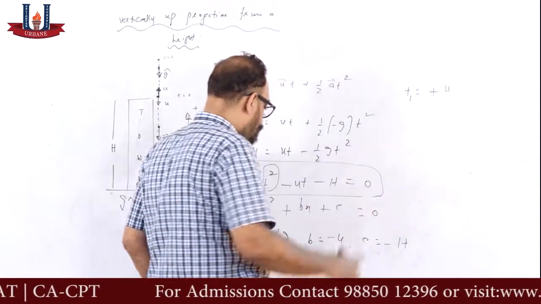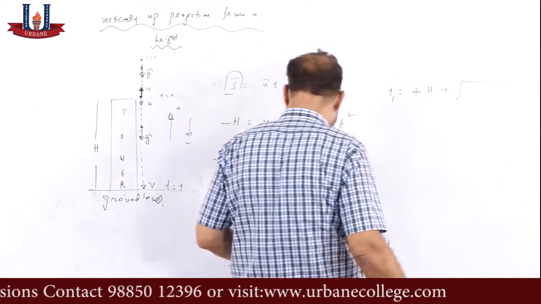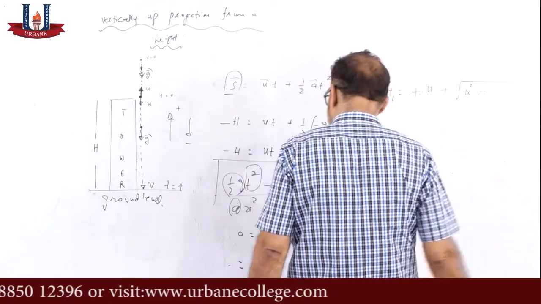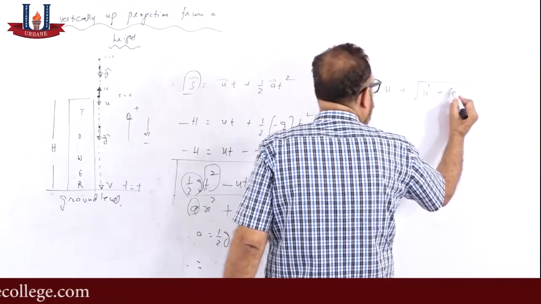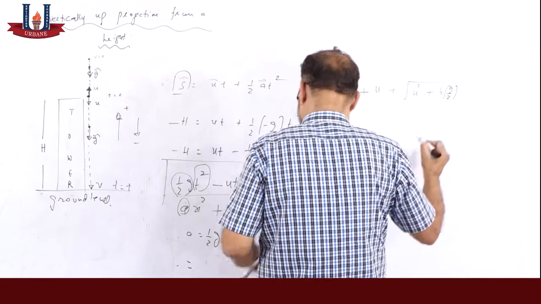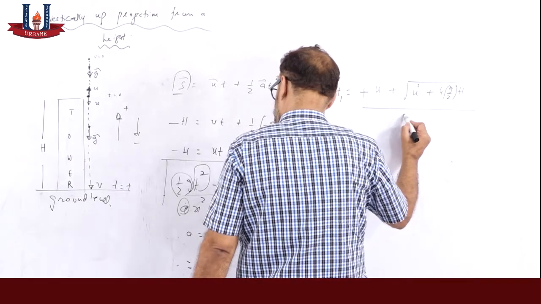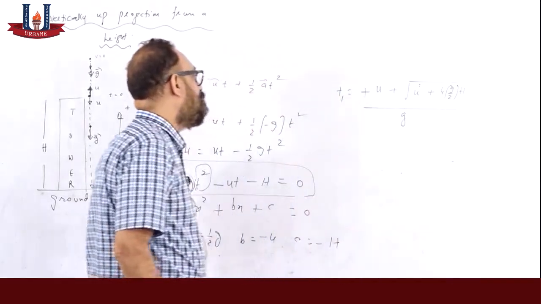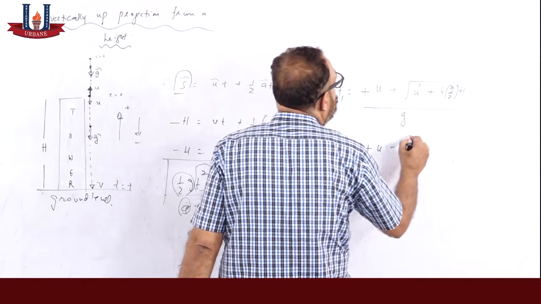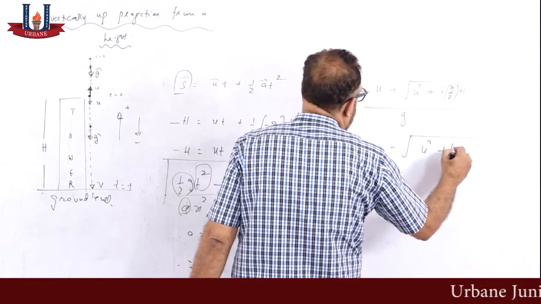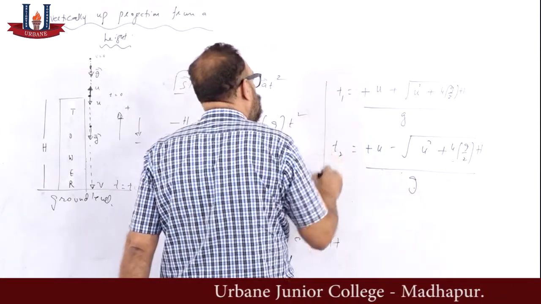Minus b is supposed to be u, plus or minus, so let me take plus, square root of b square is u square, minus 4 into a into c, so it will become 4 into a into c, c is h, divided by 2a, and that becomes only g. So this is supposed to be the first value, and the second value is u minus root of u square plus 4 into g by 2 into h divided by g. So these are supposed to be the two values.